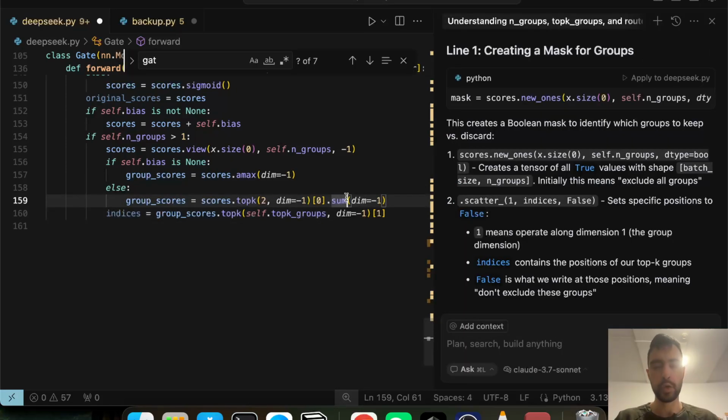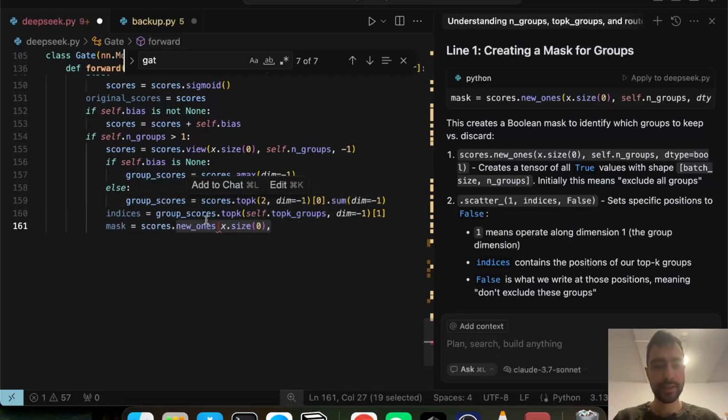Then we want to create a mask of true or false depending on if the group is selected. But the true will be for the groups we want to exclude, and the selected groups will have false because we don't want to exclude them. So mask is scores dot new ones.